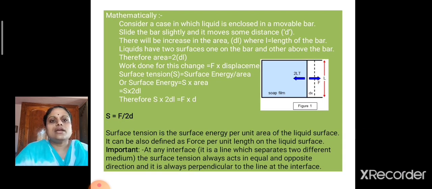Mathematically, consider the case in which liquid is enclosed by a movable bar, for example a soap film formed on a rectangular frame. If you slide the bar slightly and it moves a distance d, then there will be an increase in area.